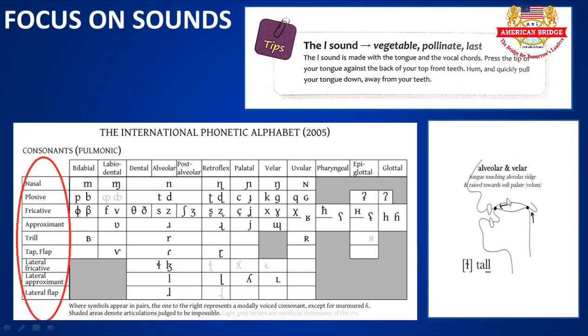You can see here how you place letter L. As in the theory here, we press the tip of your tongue against the back of your top front teeth. So this is called the top front teeth.